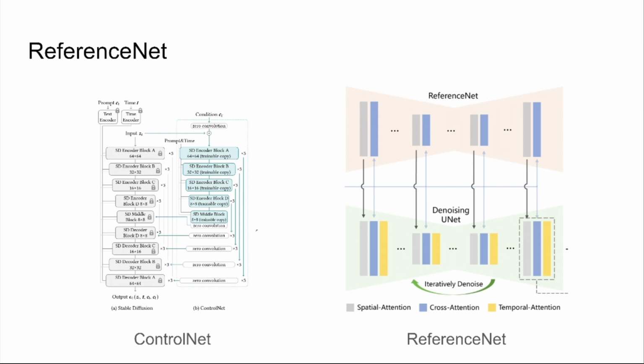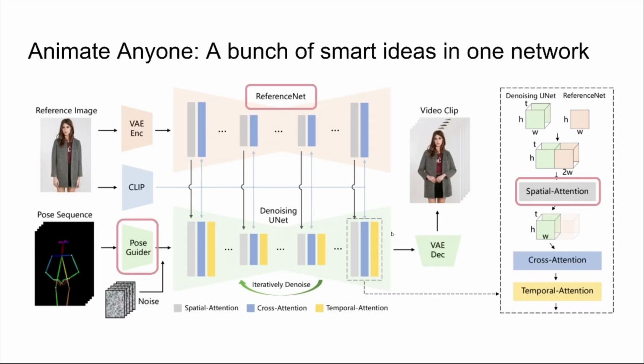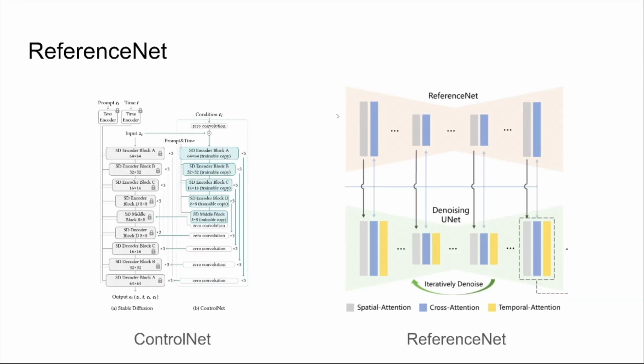I see. Thank you. Yes. I have one more quick question. So in the reference net, we don't have a time dimension, but in the denoising UNet. Actually, I mentioned there are three different parts, right? So basically, the reference net and spatial attention only take the image, only take the spatial part. So here the reference net is essentially a very similar solution to ControlNet.